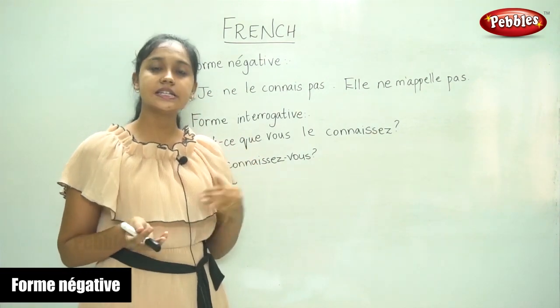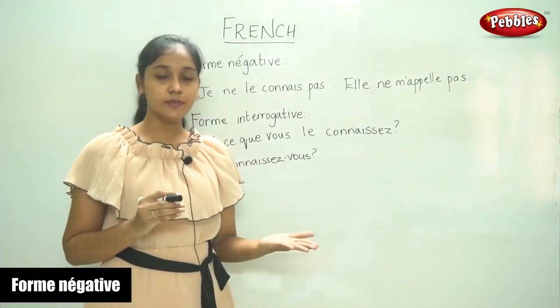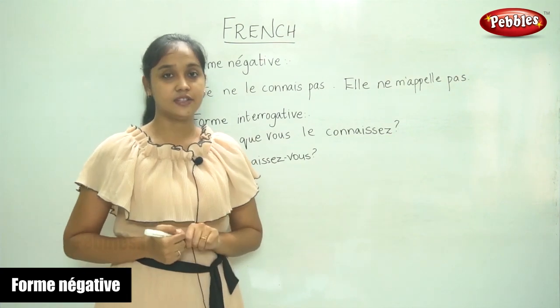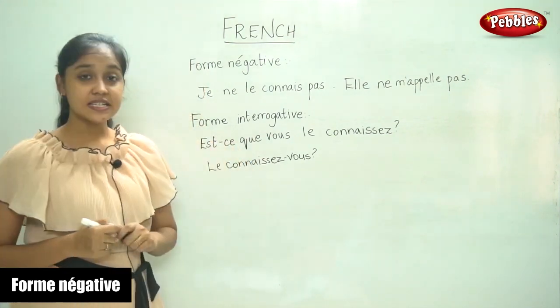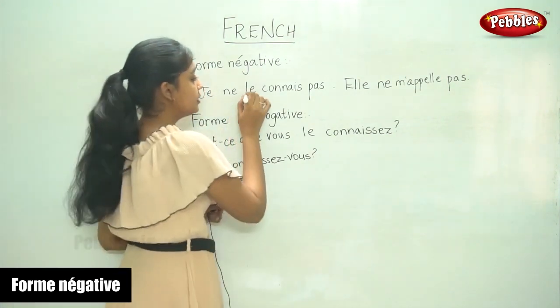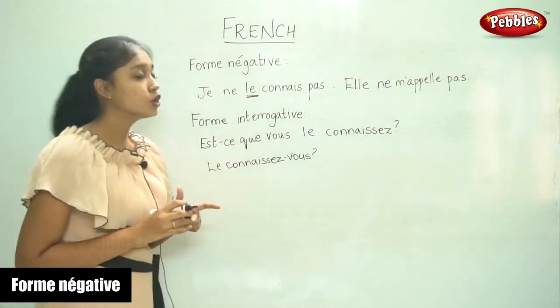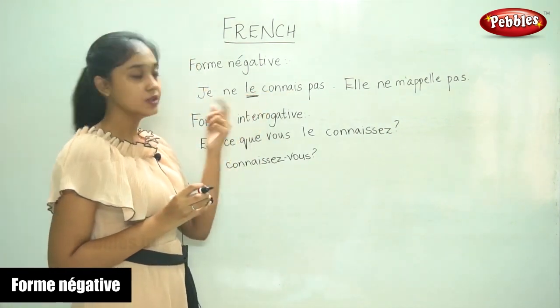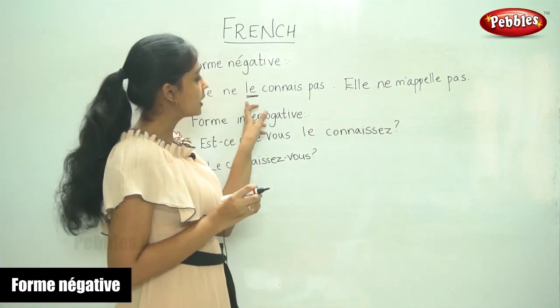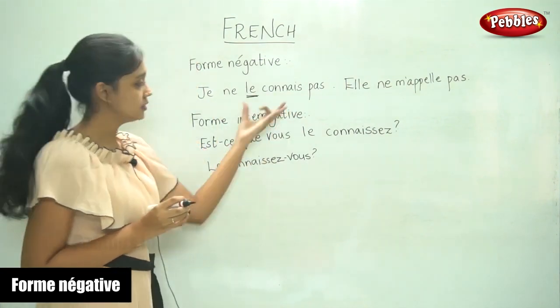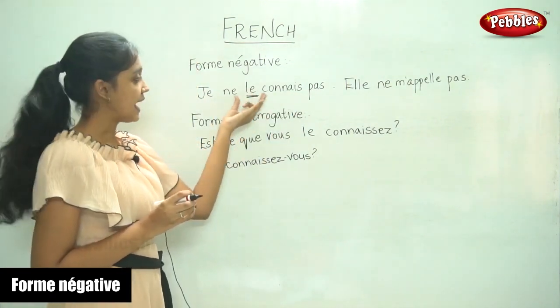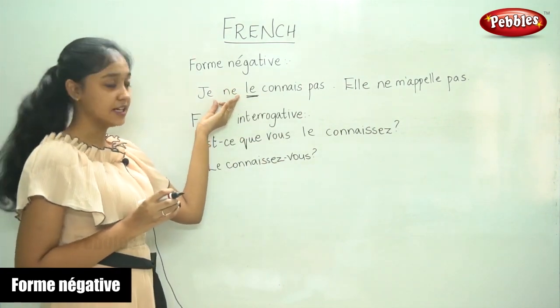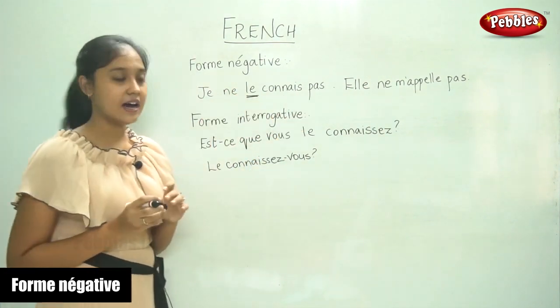In other cases we would just write ne before the verb and pas after the verb. In this case we have to write ne before the complement direct. So the complement direct will come along with the verb, and we have to add ne before and pas after that.